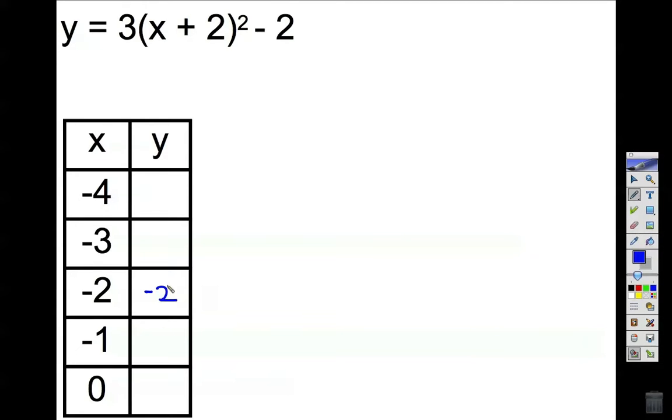So now we've got to find these other points to complete the table. Now that we have negative 2, we use numbers that are lower on the number line and higher on the number line, and substitute in here to figure out these y values. What is y equal when x is negative 4? 3 times negative 4 plus 2, raised to the second power, minus 2.